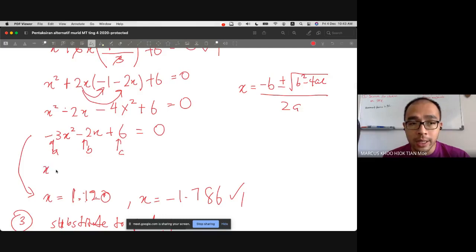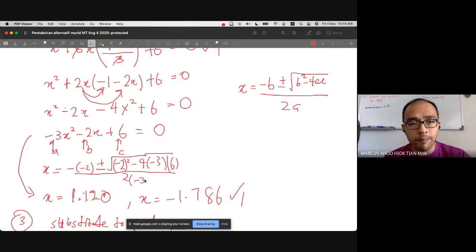When you substitute the correct values, negative 2 plus minus, b squared is negative 2 squared, in brackets, minus 4 times negative 3 times 6, over 2 times negative 3. If you substitute correctly, here you will get 1 mark, to give you the total of 5 marks.